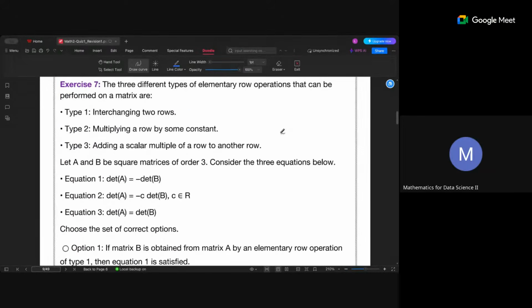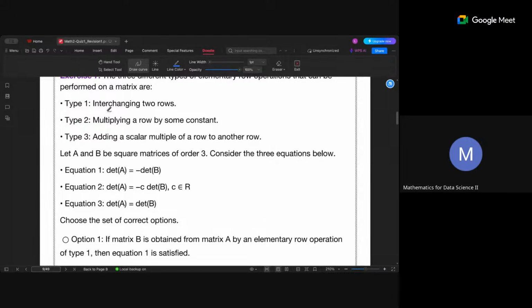Okay. So let's try to answer this question. These are the row operations given here, and these are the kind of equations given to you. Now, if matrix B is obtained from matrix A by an elementary row operation of type 1, interchanging rows, then equation 1 is satisfied. Is that correct?